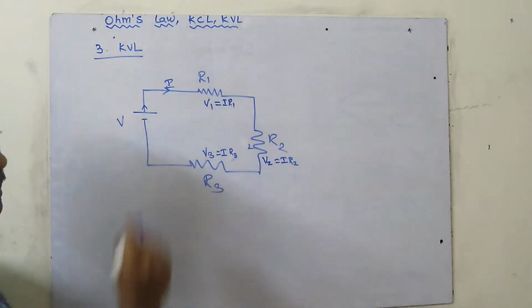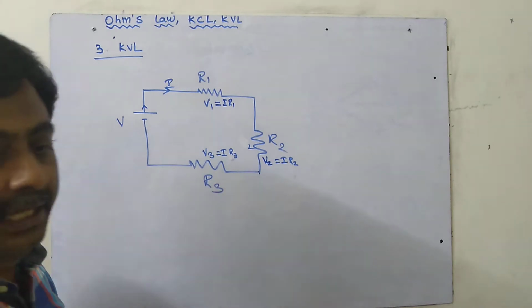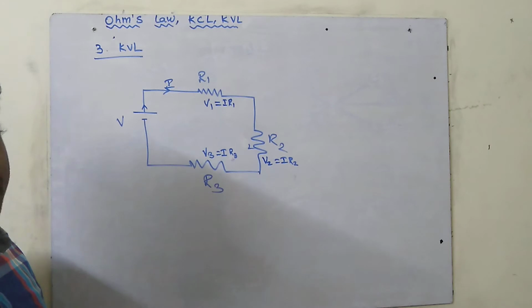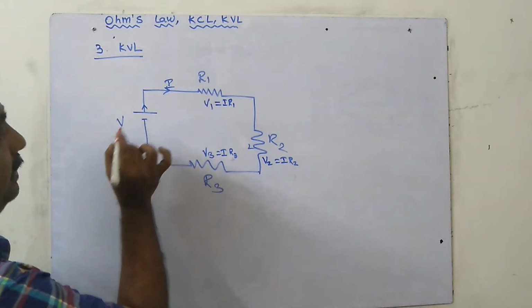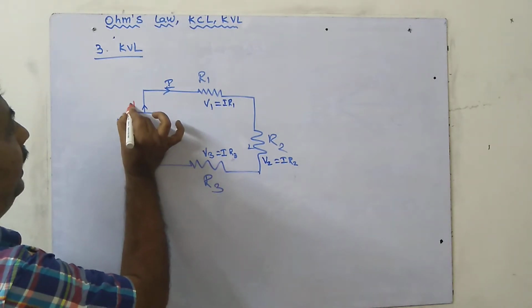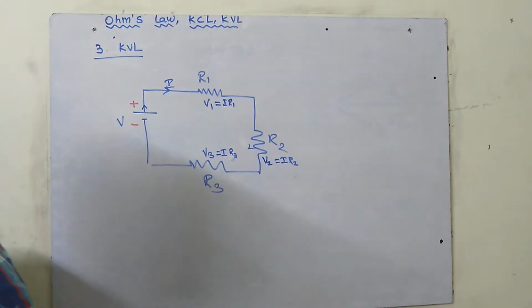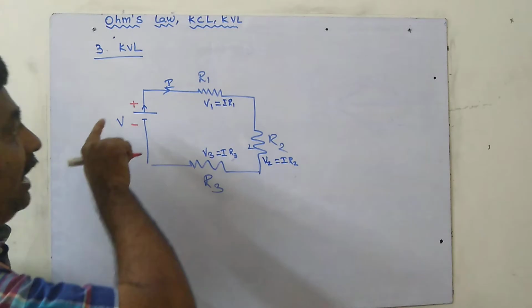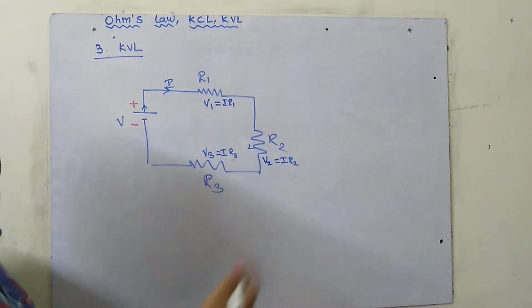So in the resistor, how do we have to mention the polarity? First we have to mention the plus minus notation. Easily I can mention it because the longer line is positive and the shorter line is negative. This is given. In this resistor, the current incoming point is plus and the current outgoing point is minus.